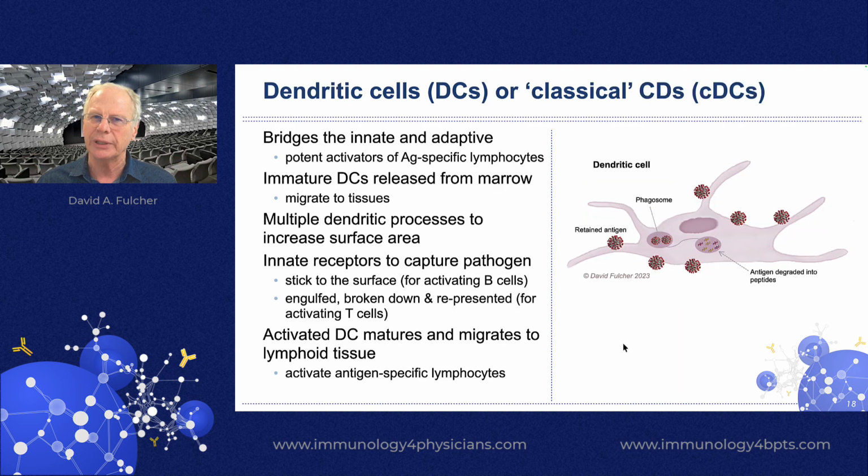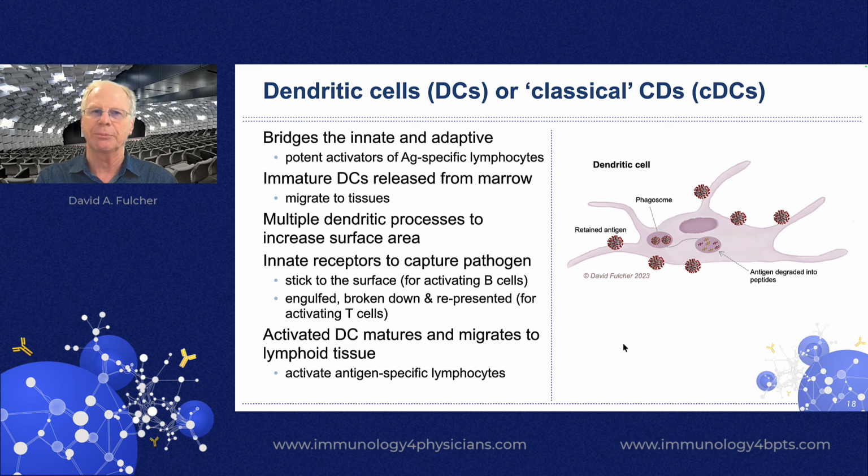Now we'll talk about 3 types of dendritic cells in this course, so just be aware that not everything that says DC is the same. I should call these classical dendritic cells, but sometimes you just get used to calling them dendritic cells. The other 2 are follicular dendritic cells and plasmacytoid dendritic cells.